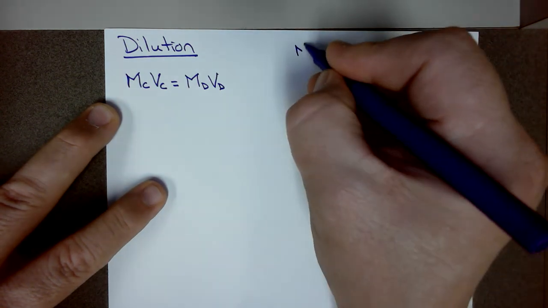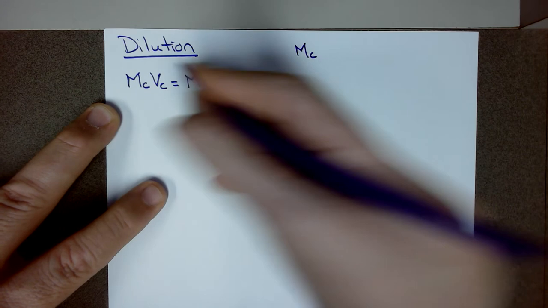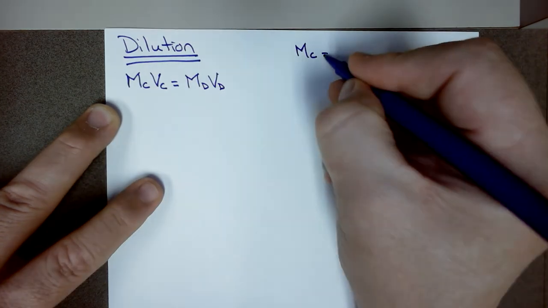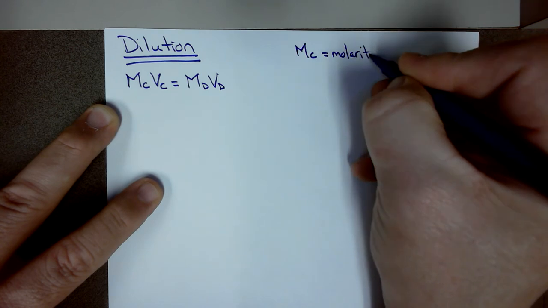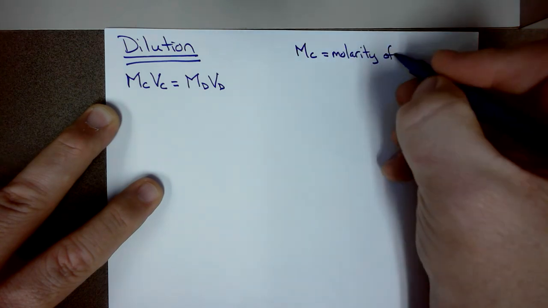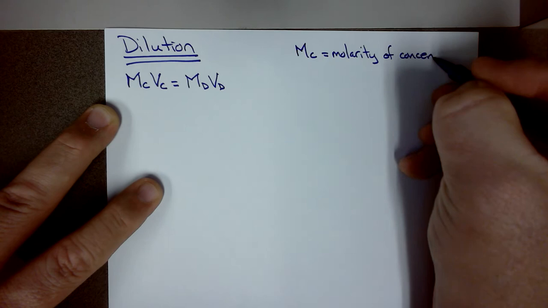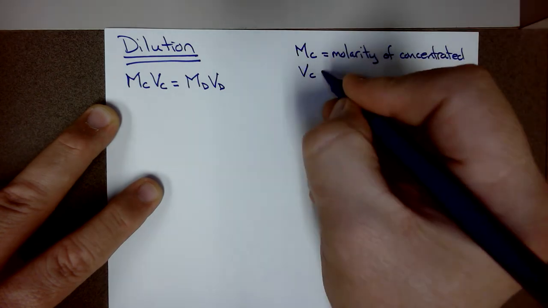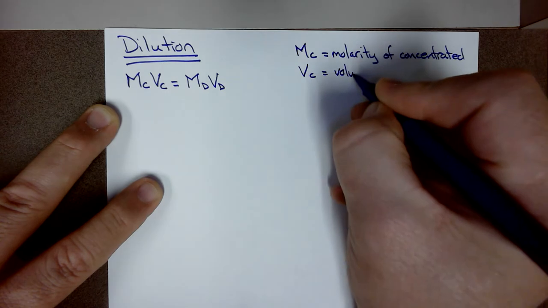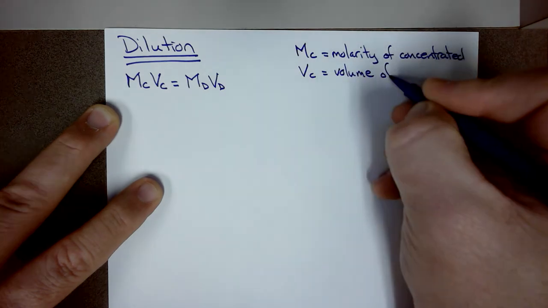MC is the molarity of concentrated solution. VC is the volume of concentrated solution.